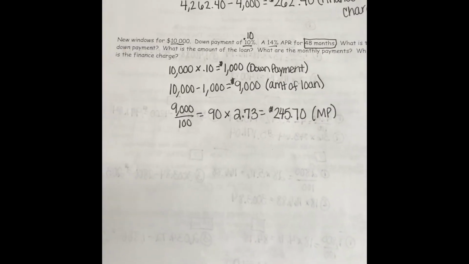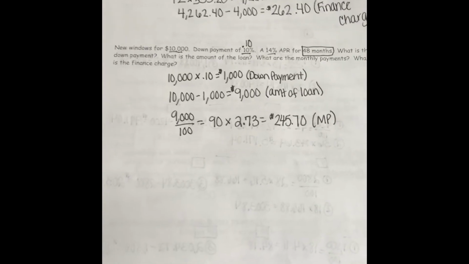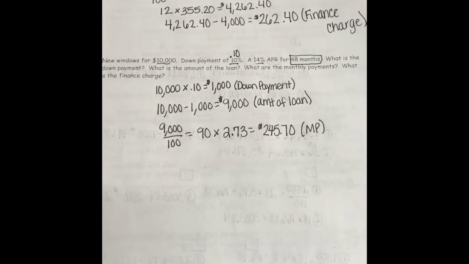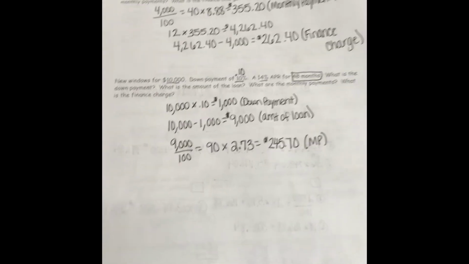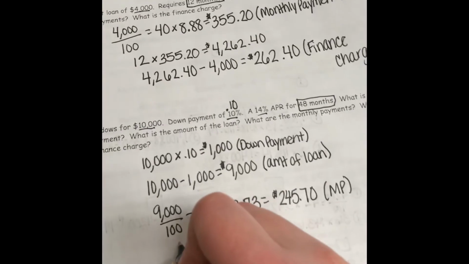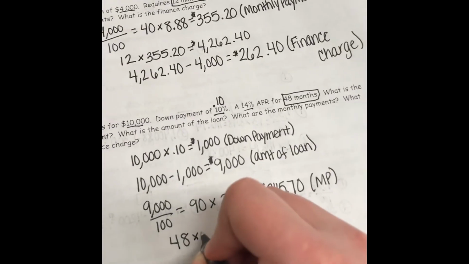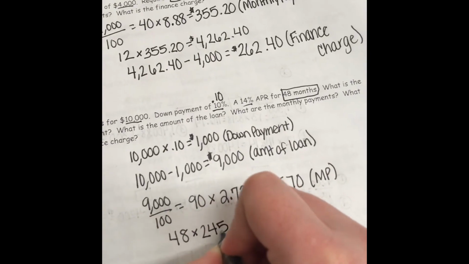So now I need to find my total amount with my finance charge and my loan before I can find the finance charge. So I still have to do step 3. So I have to make 48 payments on these windows, and each payment is my monthly payment of $245.70.